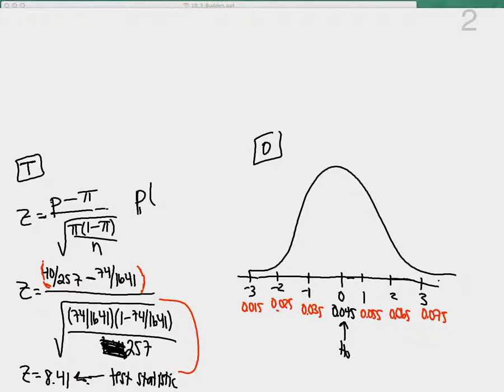Now the other thing that you're going to put on the curve is this test statistic. So Gilbert's death rate is at 8.41, so just approximate where that is. And that corresponds to a sample proportion of 40 out of 257.